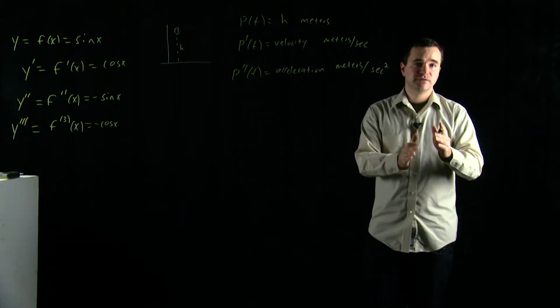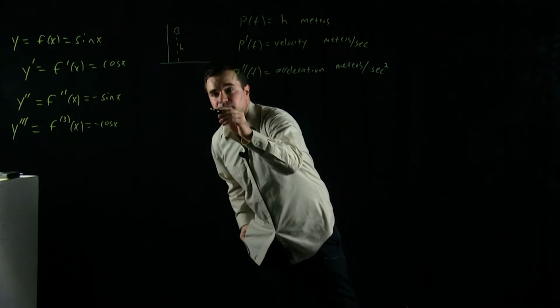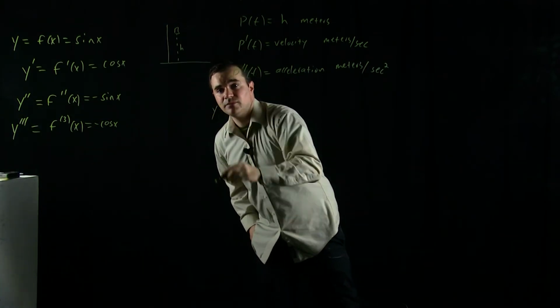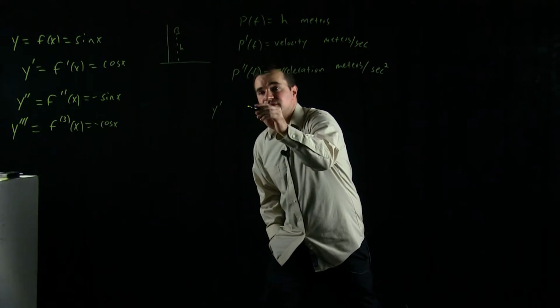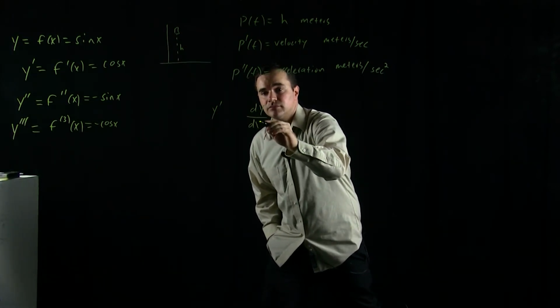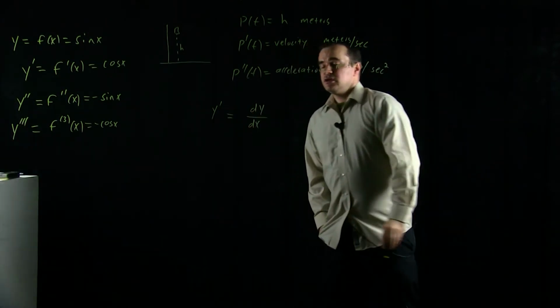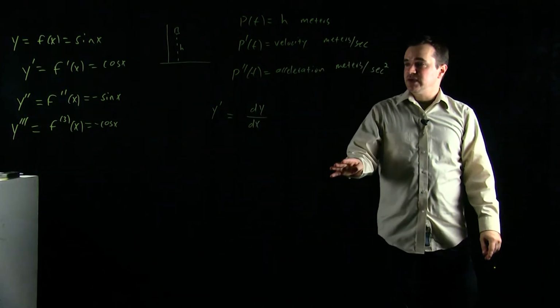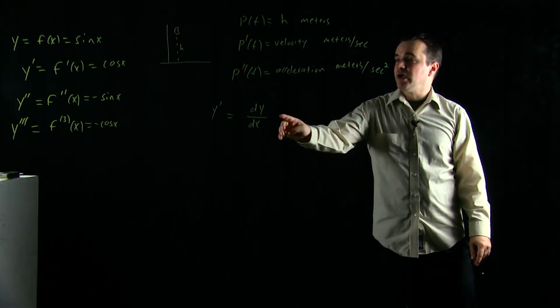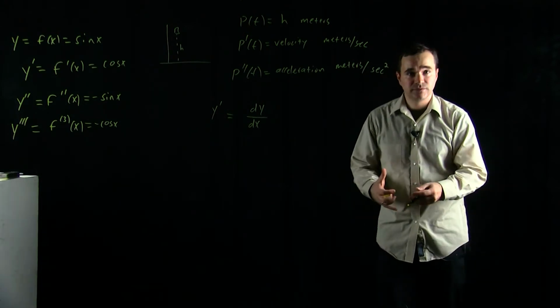Leibniz had a different notation for the derivative. Instead of writing y prime or f prime of x, Leibniz would write dy over dx. That's called Leibniz notation. The reason for doing it like that is to remind you that this is a limit of difference quotients.